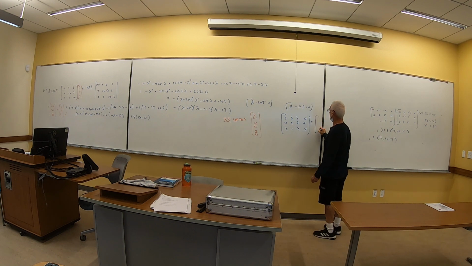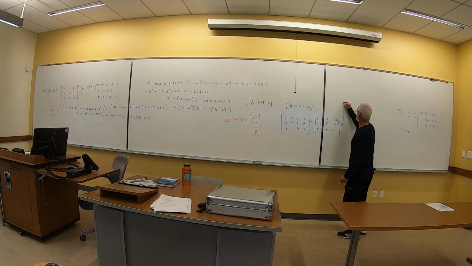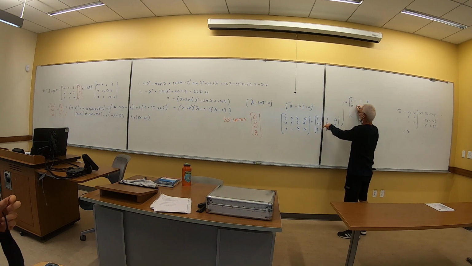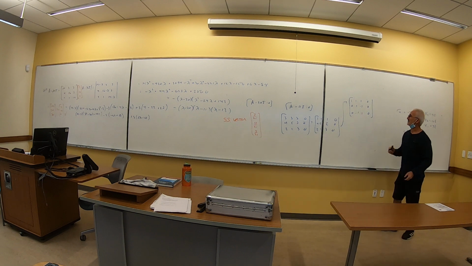So if I multiply row 1 by a third, all right, negative 4 of those, negative 4 of those, negative 4 of those, negative 2 of those, negative 2 of those, negative 2 of those. Wow, this one looks easy, doesn't it?